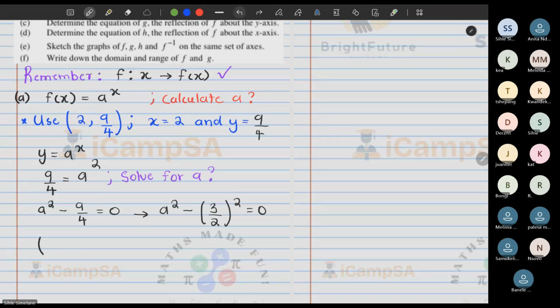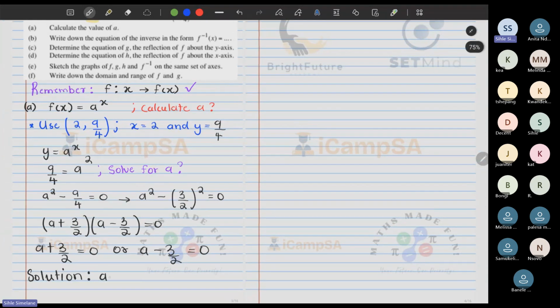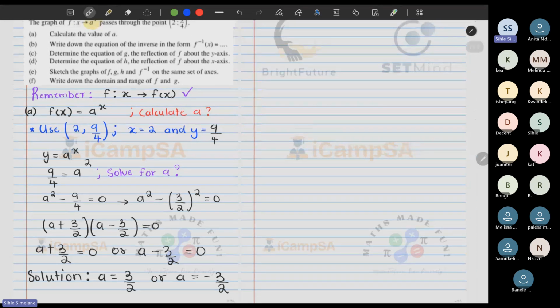You'll have a plus 3/2, and then you will have a minus 3/2, and this will be 0. So when you solve, you will see that you'll have a plus 3/2 equals 0, or a minus 3/2 equals 0, which means your solution for a, it is 2 of them. And we'll go ahead and worry about which one is which. So for a, we are getting a solution of 3/2, or a solution of negative 3/2.